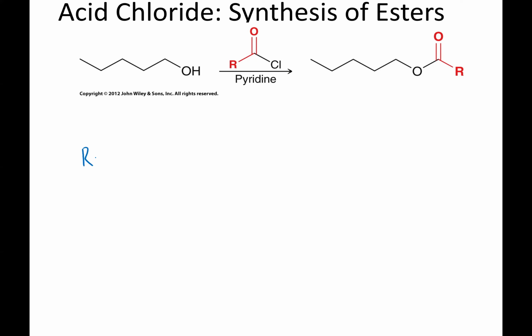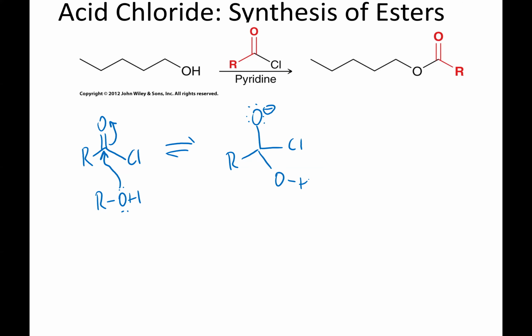And again, hopefully you're starting to see the trends here, but we've got the acid chloride, we've got our alcohol, we get, lo and behold, nucleophilic attack at the electrophilic carbonyl carbon. We have our tetrahedral intermediate.